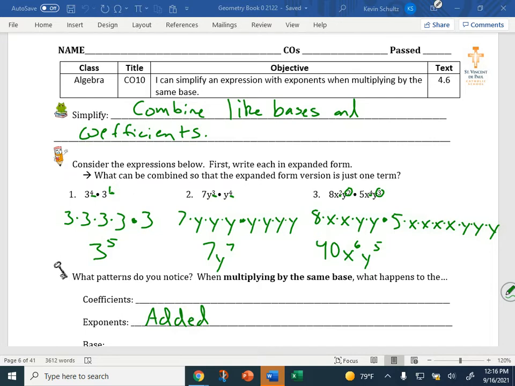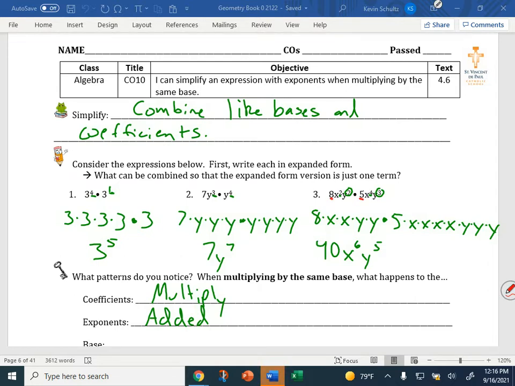What about the coefficients? What about the coefficients? Blake. Oh, sorry, I thought it was Hamlet. Will. Multiply. Okay. Multiply. The easiest one to see that is in the third one, because 8 times 5, our coefficients give us 40 here.